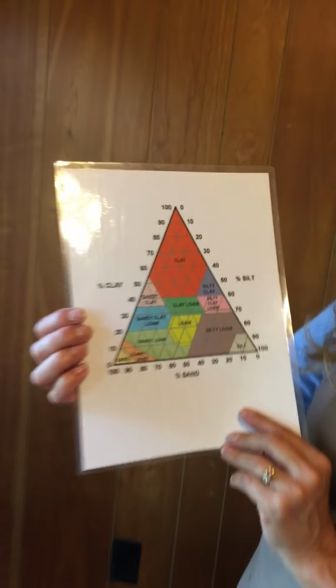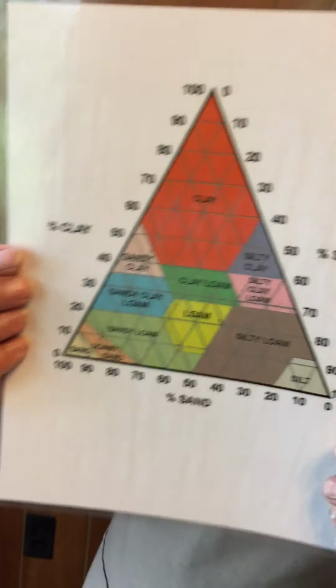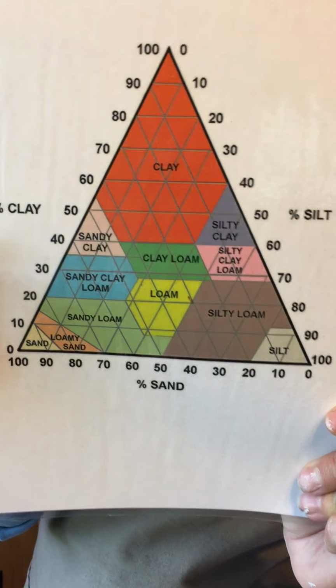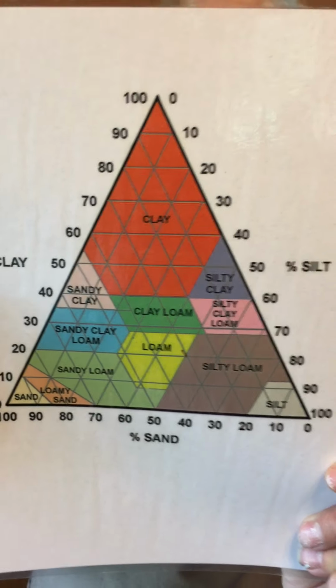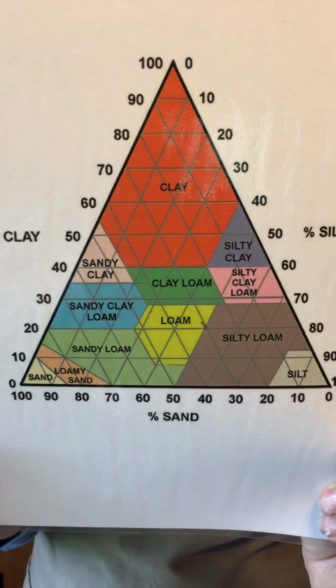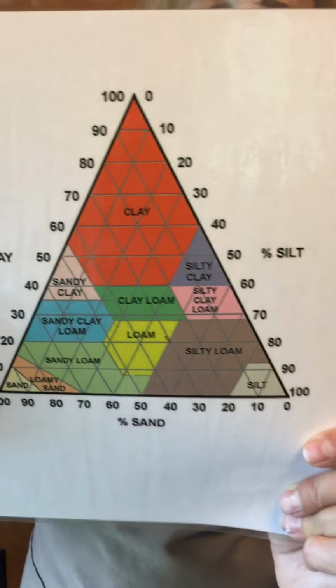Now, most soil is a mixture of sand, silt, and clay. And a loam is actually the perfect mixture of sand, silt, and clay. So scientists use a soil textural triangle like this that describes what percent of clay, what percent of silt, and what percent of sand is in the soil.